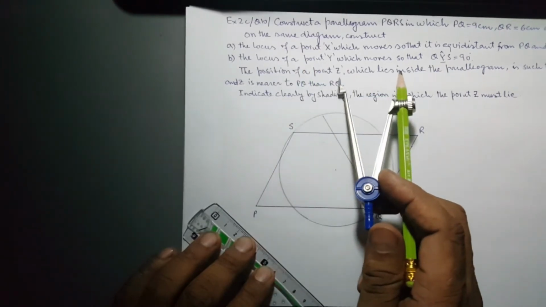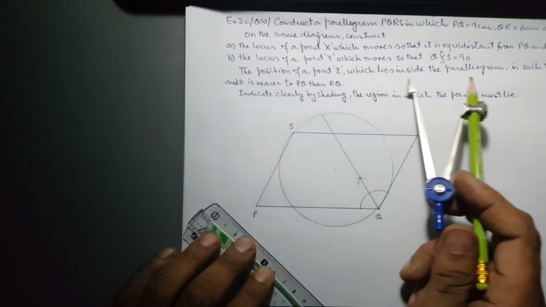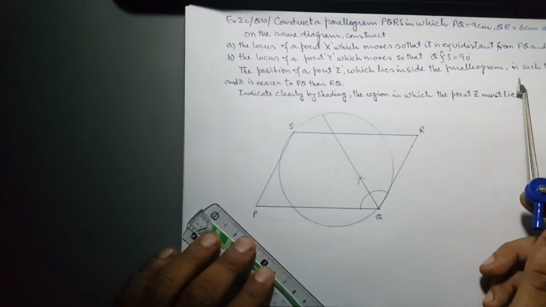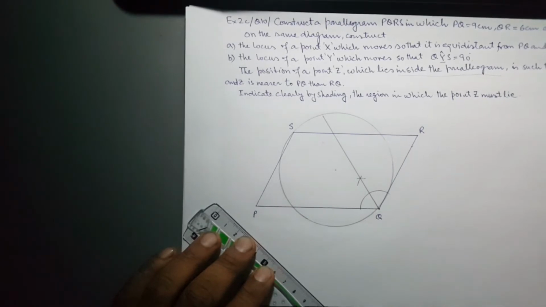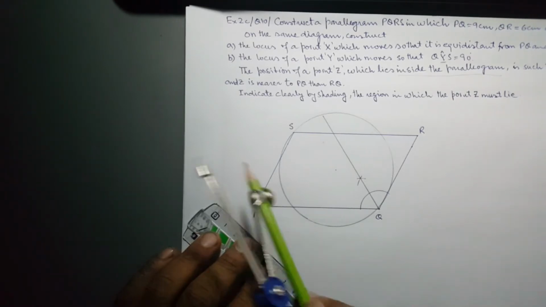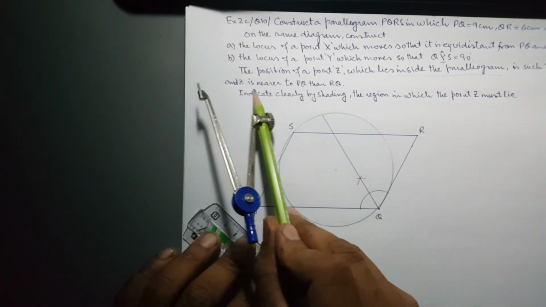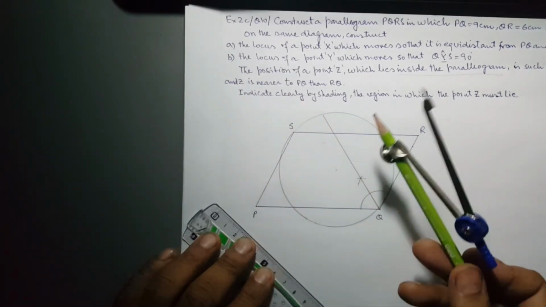Now, the two loci we have drawn. The position of a point Z is such that it lies inside the parallelogram. Number one, inside the parallelogram. QZS is less than 90, so we will remain outside the circle. And Z is nearer to PQ than RQ.